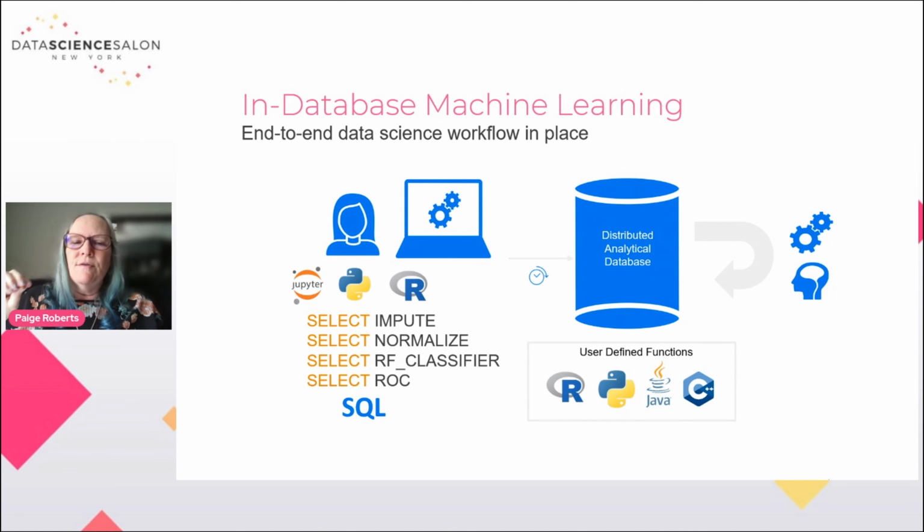So another thing is that a lot of things like imputing missing values and normalizing your data set and all that kind of stuff is in that database. It's already in there as functions. So you don't have to pull it out and go do it in some other package. It's already in there. But the interface is either SQL, sure.